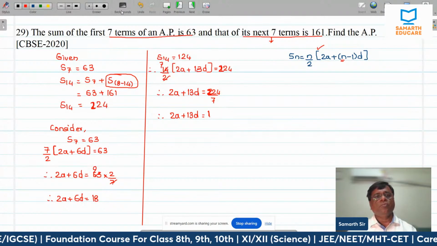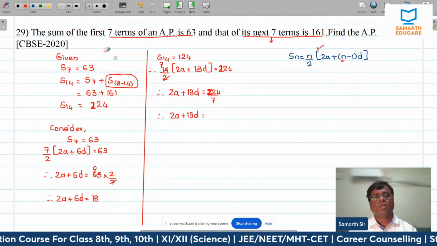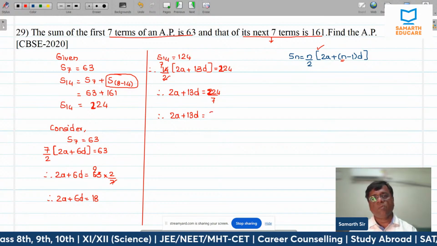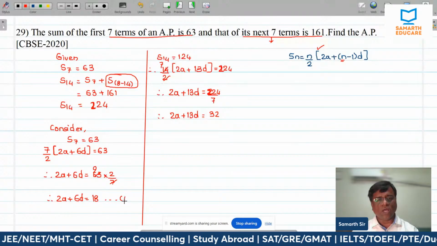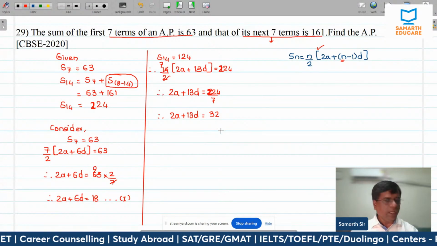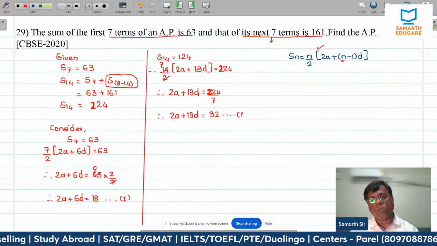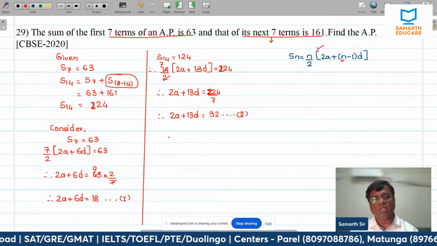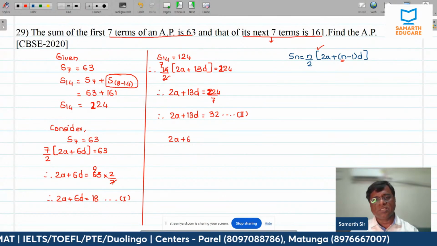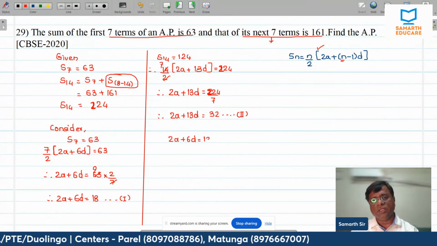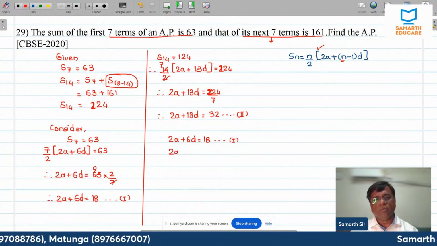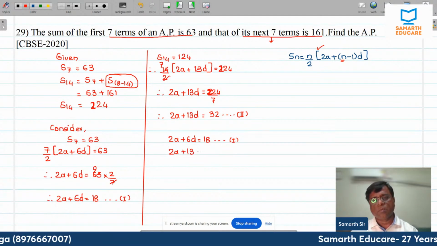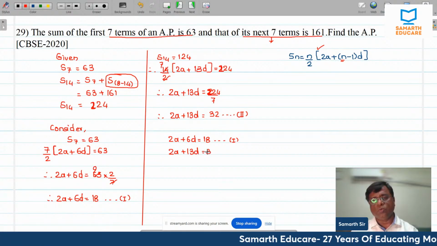7 threes are 21, so 2a plus 13d is 32. Let me make this equation 1 and this equation 2, and solve these two equations simultaneously. 2a plus 6d is equal to 18, equation 1. 2a plus 13d is 32, equation 2.